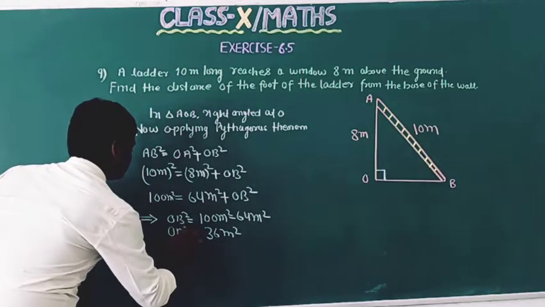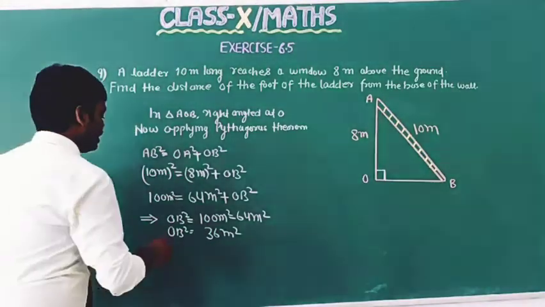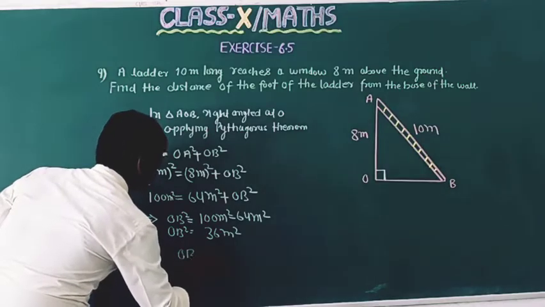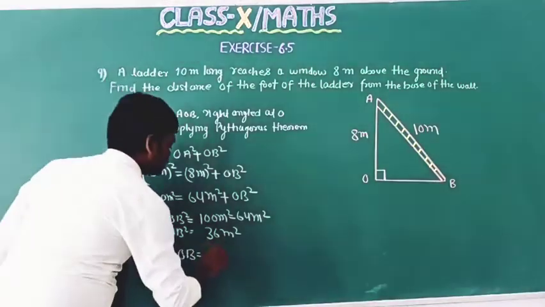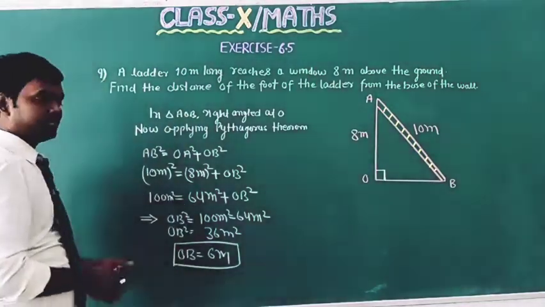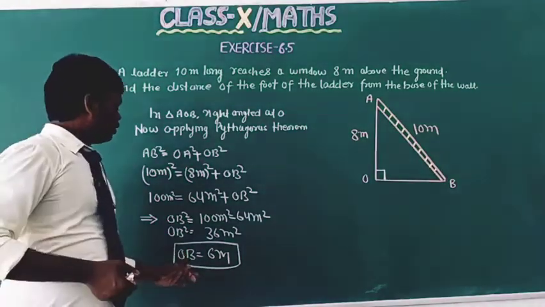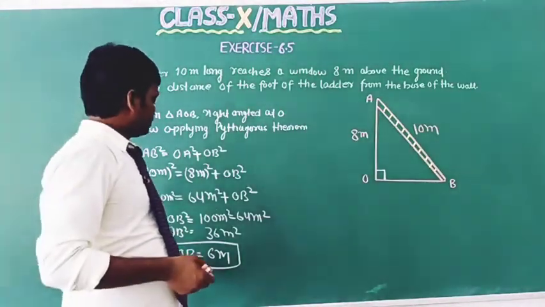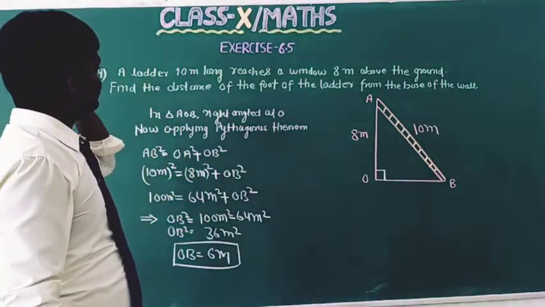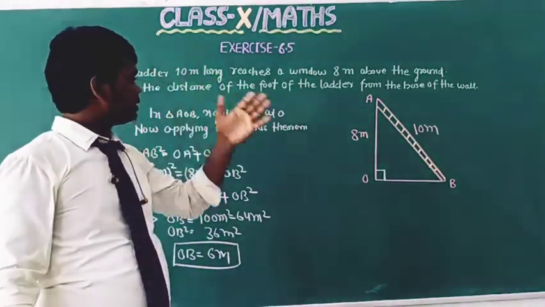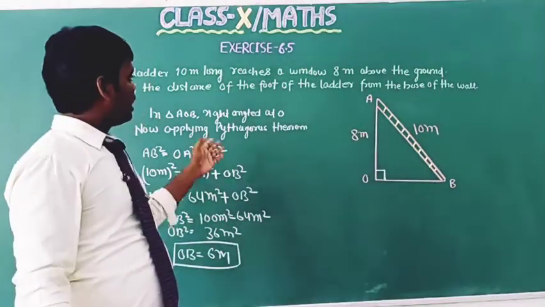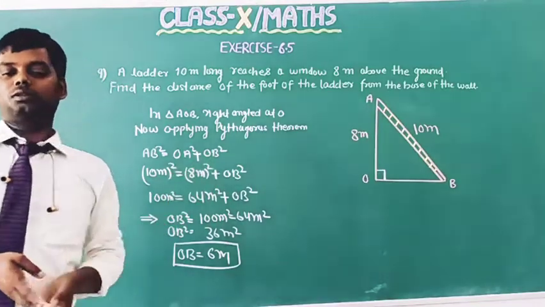So OB square equal to 36 meter square, and now the value of OB equal to 6 meter. So the distance of the foot of the ladder from the base of the wall is 6 meter. This is the answer of this question.